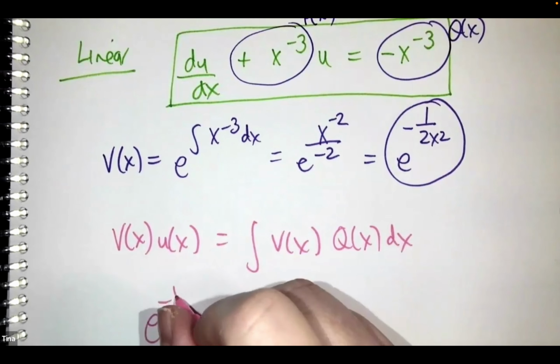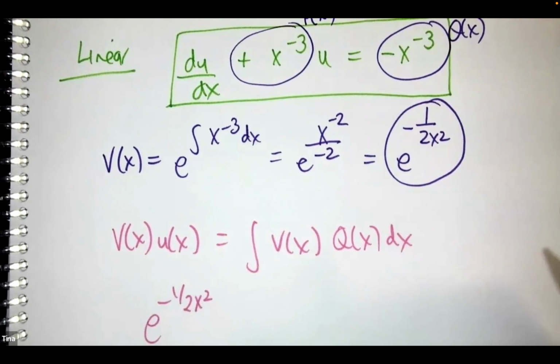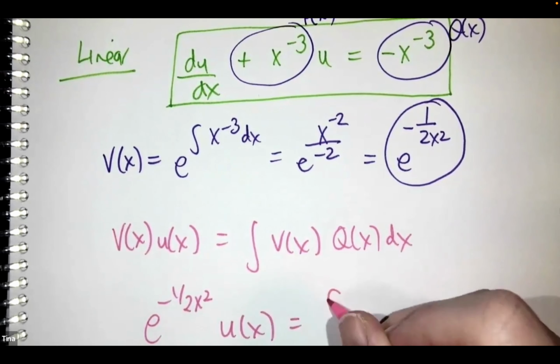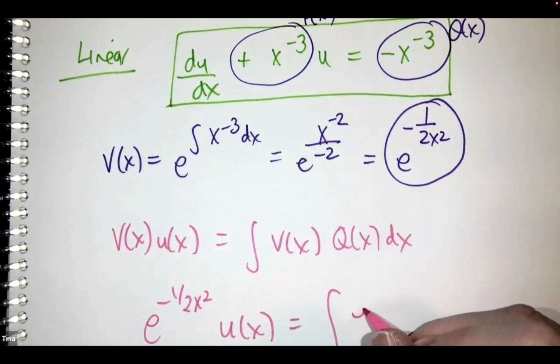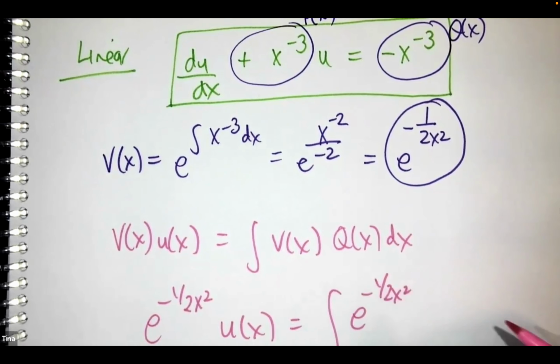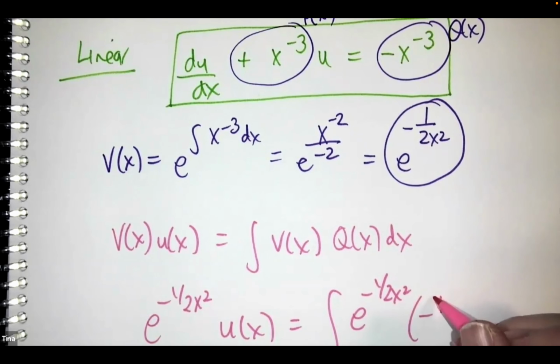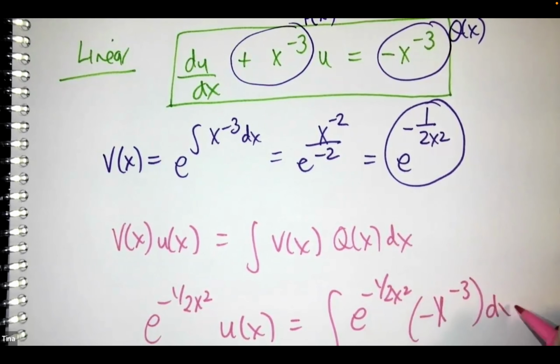Okay, so we've got e to the negative 1 over 2x squared times u of x equals the integral of e to the negative 1 over 2x squared times q, which is negative x to the negative 3, dx.